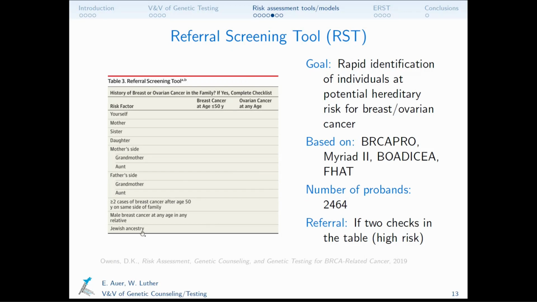For example, Jewish ancestry, yes or no, male breast cancer in the family history, yes or no, and also several other criteria that we can consider here. Referral happens if 2 or more checks in the table are made by the proband or by the patient, and this corresponds to a proband being in the high risk group for breast or ovarian cancer. Actually, this does have a kind of a binary logic because the answers are also always yes or no.